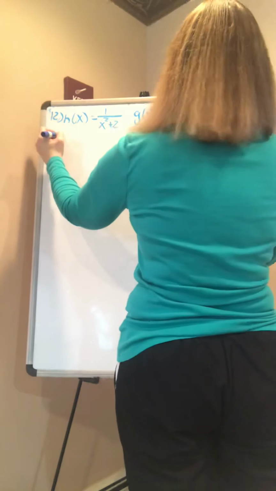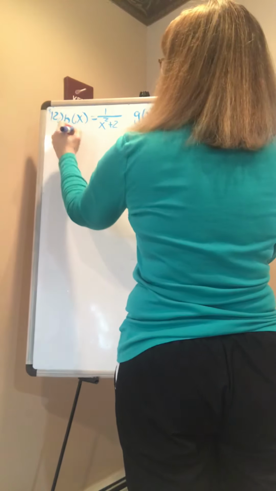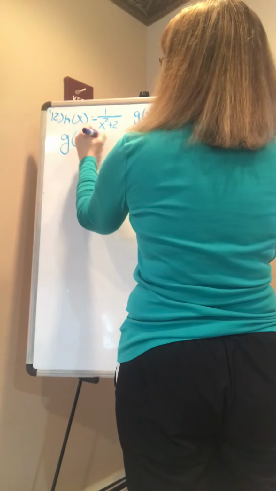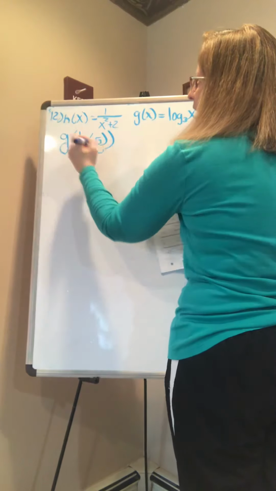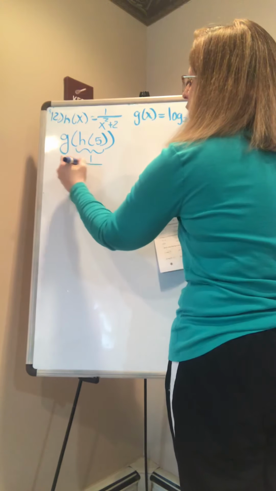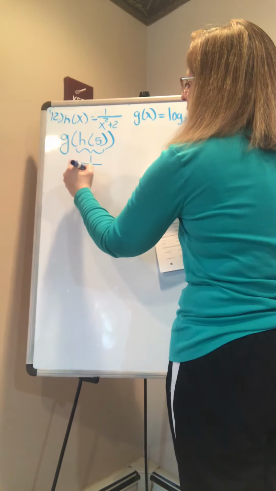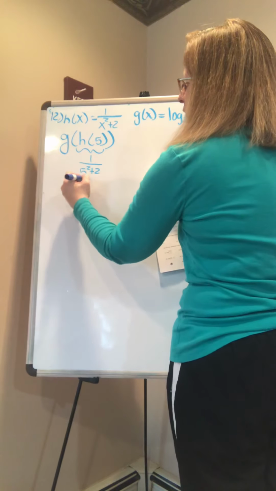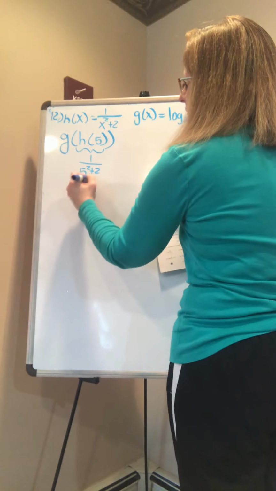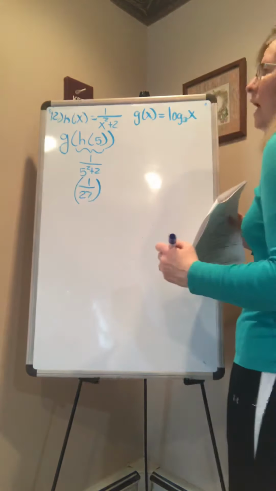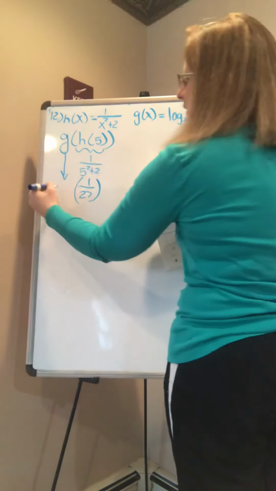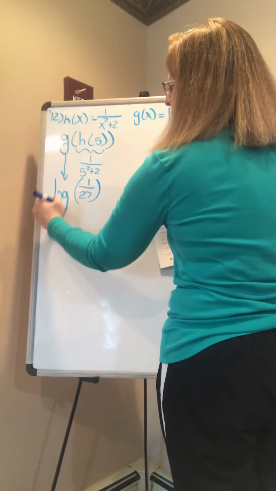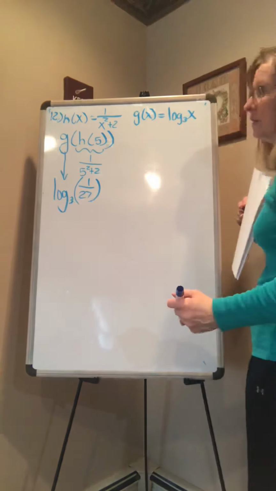And they want us to find g of h of 5. All right, so this guy's first. h of 5, 1 over 5 squared plus 2 gives me 1 over 27. Now I got to drop down g, which is the log base 3 of x. So log base 3 of 1 over 27.